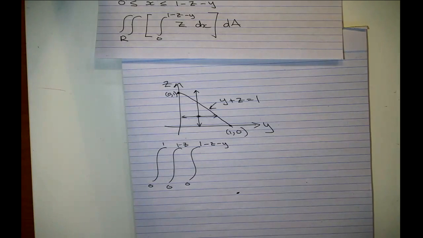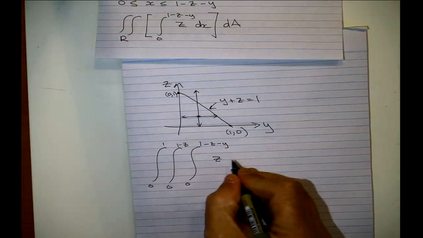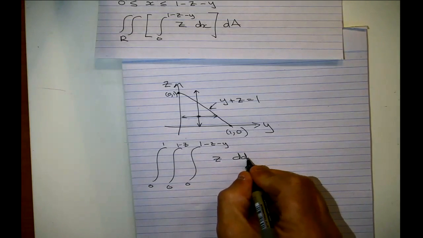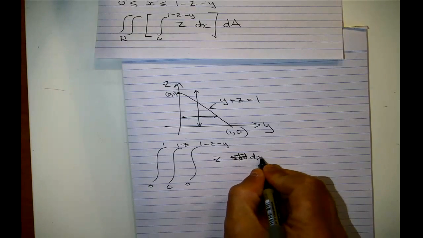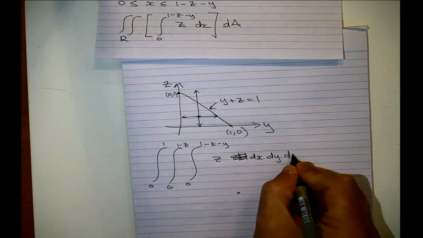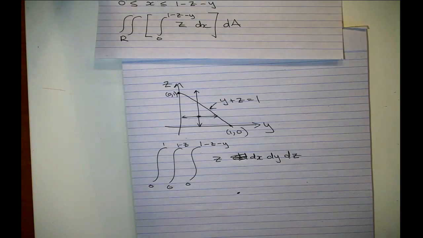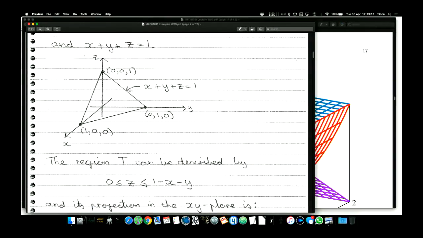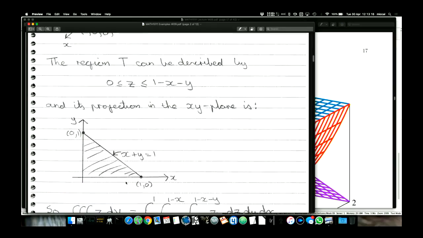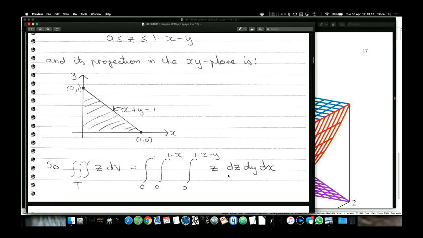And I've chosen to do dx, dy, dz. Notice that this looks totally different so far. Here I decided to do z first. Now this is zyx. So all the limits will be different, but the final answer should be the same, provided you could do the integral.